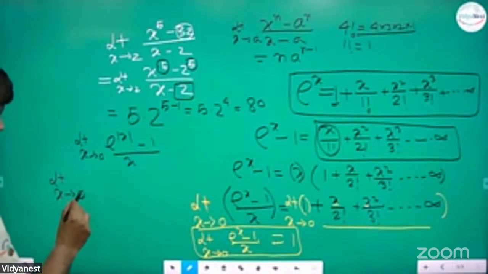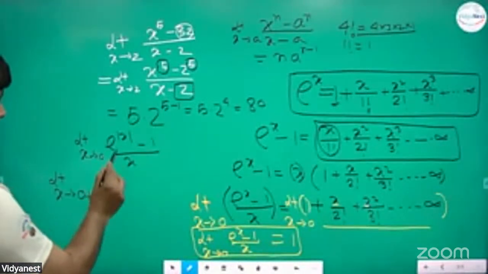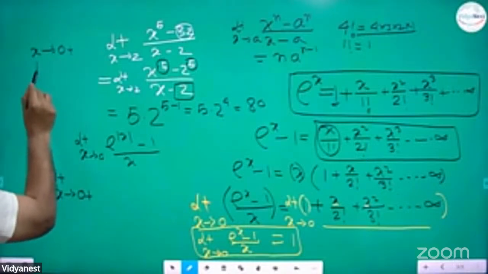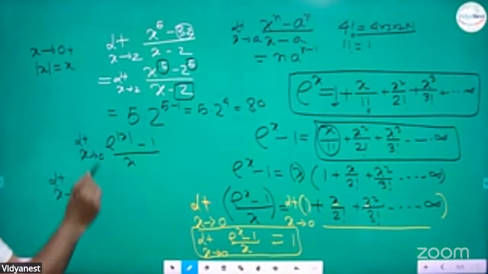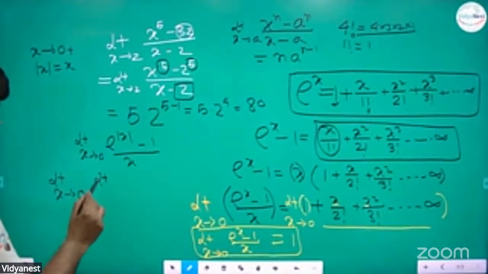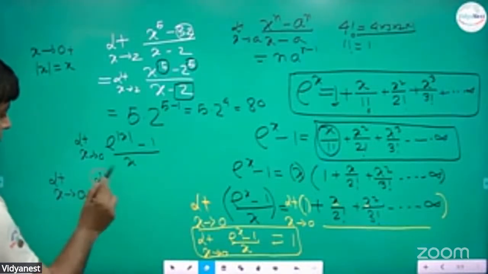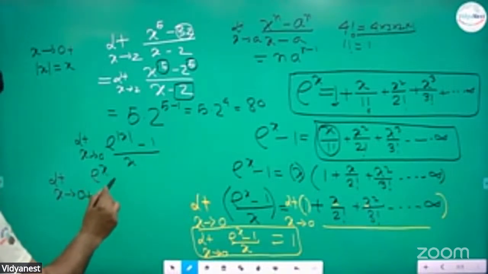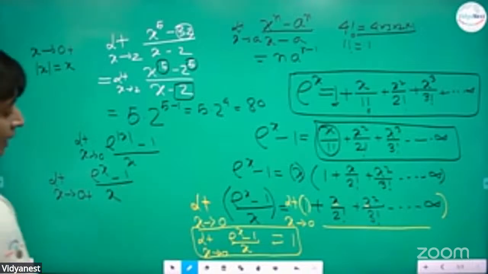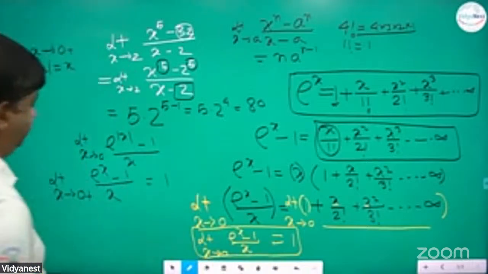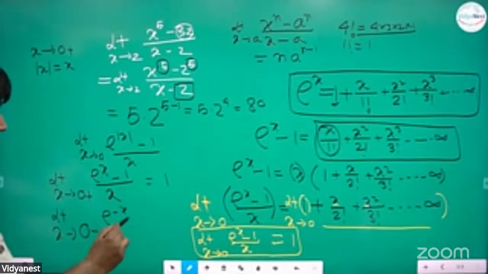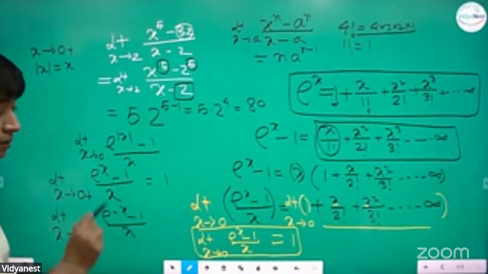So here x tends to 0 plus. Once you put x tends to 0 plus, mod x will be x, and use the formula directly: 1. Now when x tends to 0 minus, mod x will be minus x. Can I put 1? No. Why?